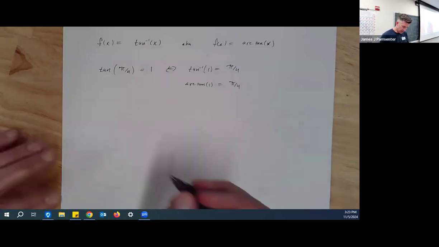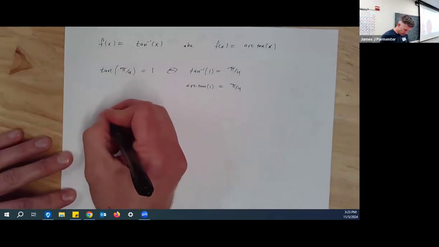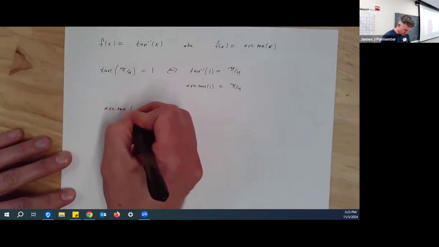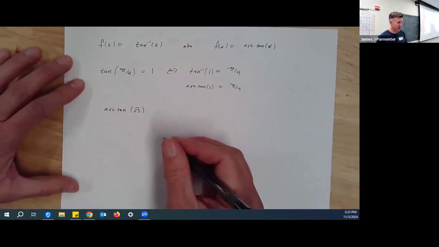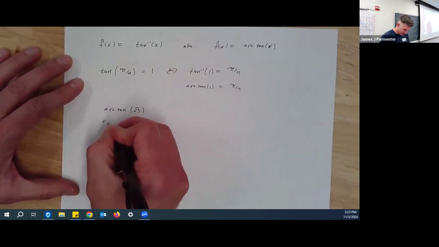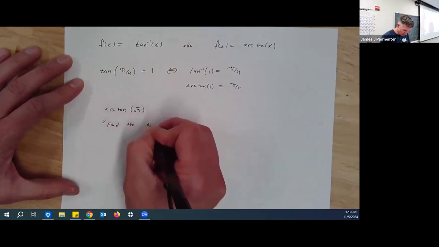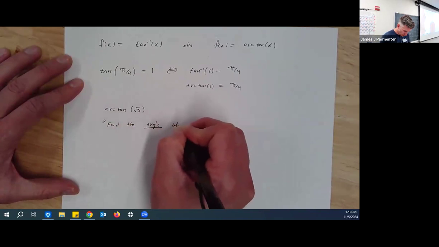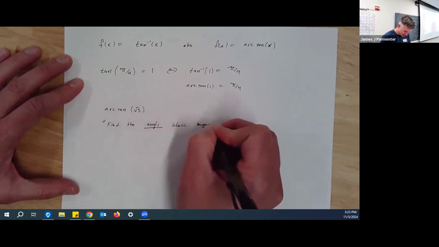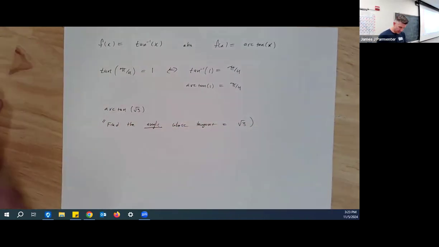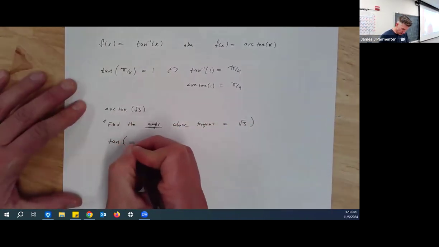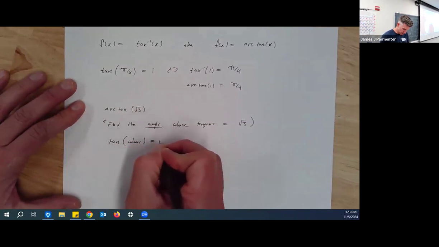And in fact, when I read arctangent of root 3, for example, the words I actually say inside my head are: find the angle whose tangent equals the square root of 3. So I'm looking for tangent of what equals root 3.